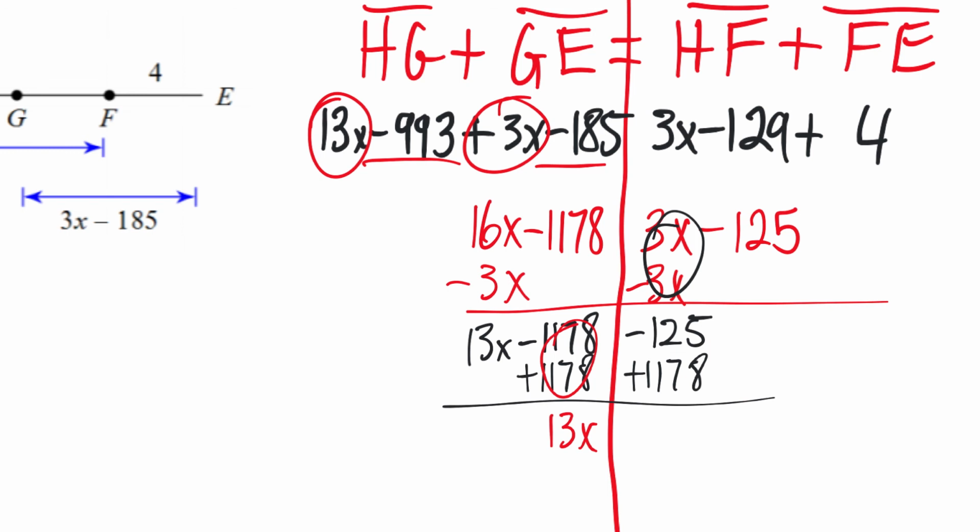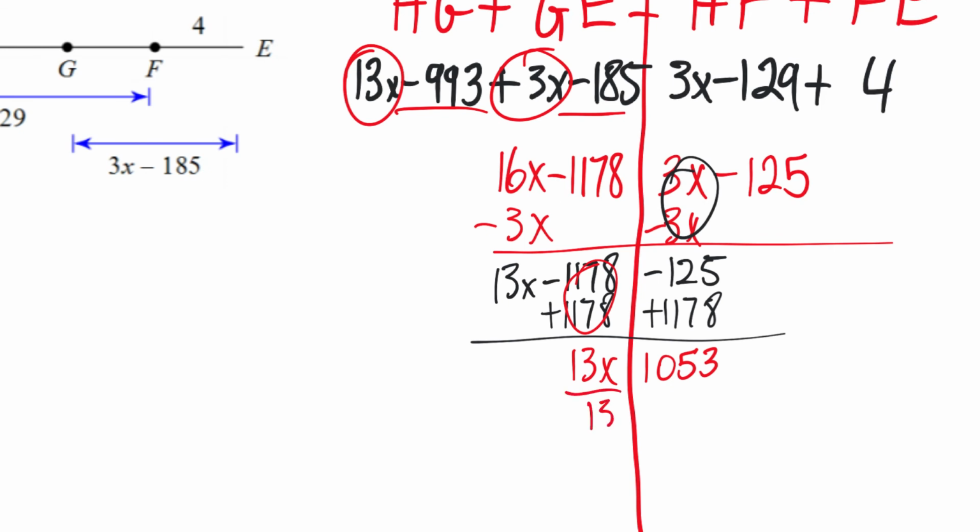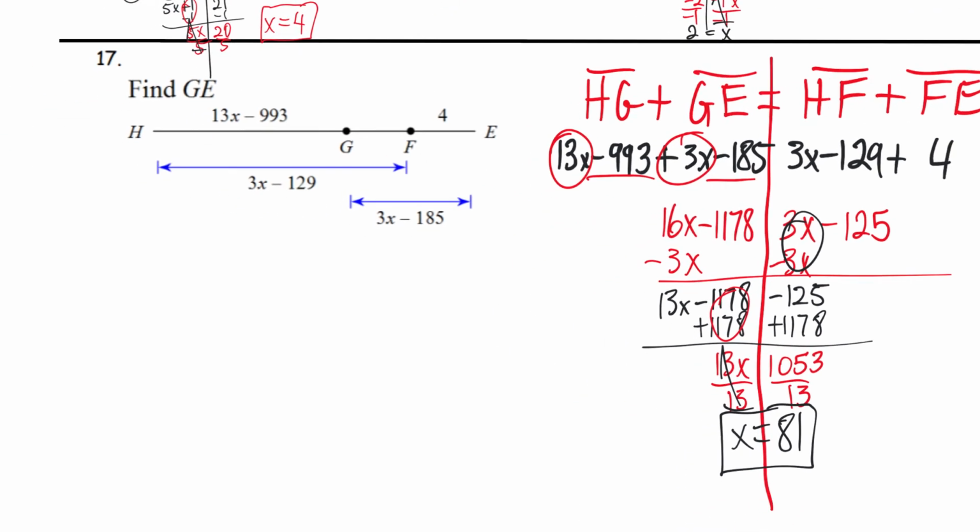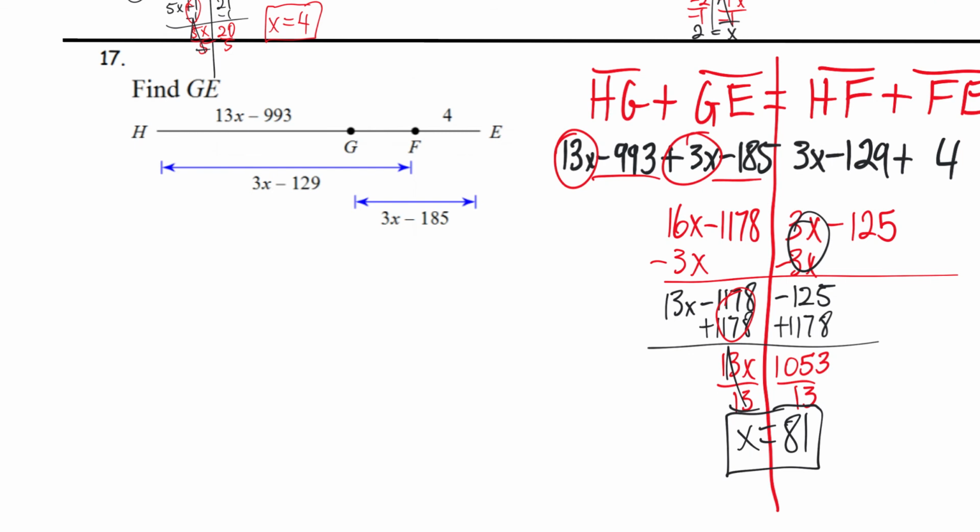So we get 13x equals 1178 minus 125, and that gives us 1,053. Then we divide both sides by 13, and 1053 divided by 13 is 81. So x equals 81.